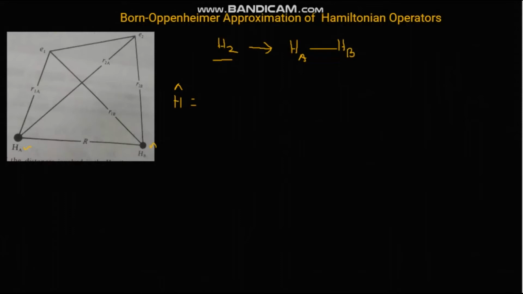It concerns the kinetic energy term, h cross square divided by 2m, that is one energy associated with the nabla square of A as well as nabla square of B.